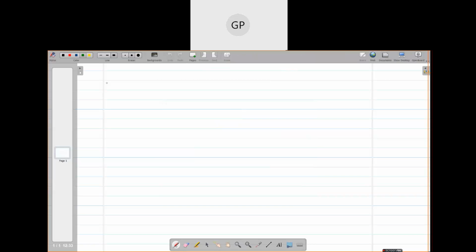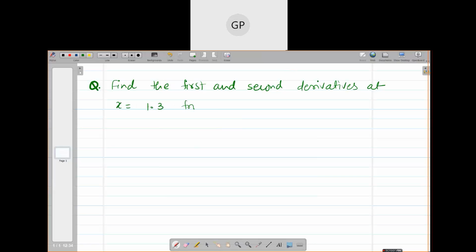So the question is, find the first and second derivatives at x equal to 1.3 from the following data.